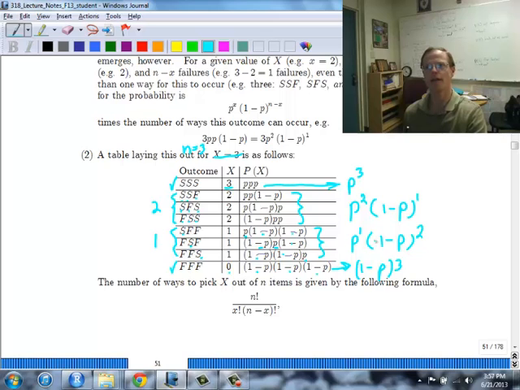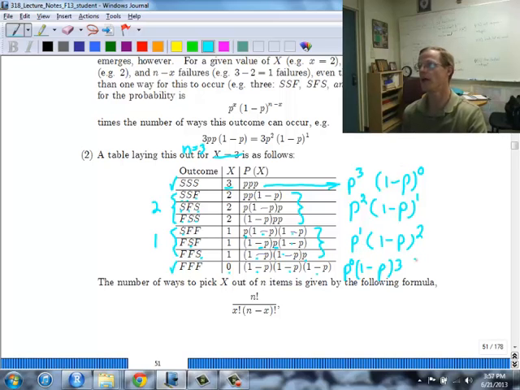And if I get a little creative, I'll put 1 minus p here to the 0 power, because anything raised to the 0 power is just 1. So that works fine. Similarly, I'll put a p to the 0 power here.